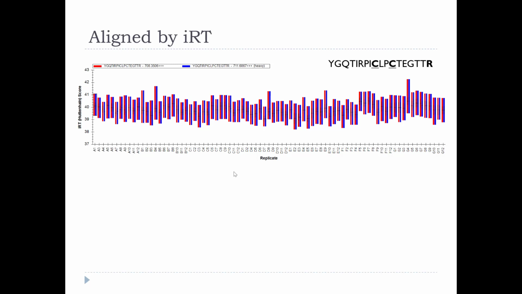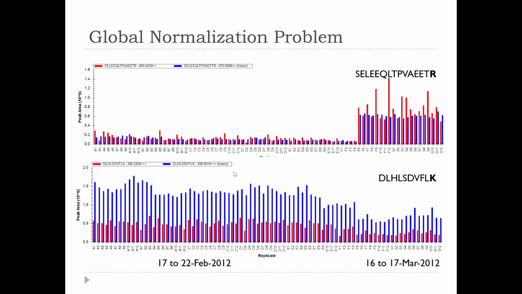Brian was showing that with a score of 60, and now here's this thing with a score of 40. The iRT scores for the peptides stay stable because of that alignment. This is the same data set, again collected a month apart, and here are two peptides from that data set.